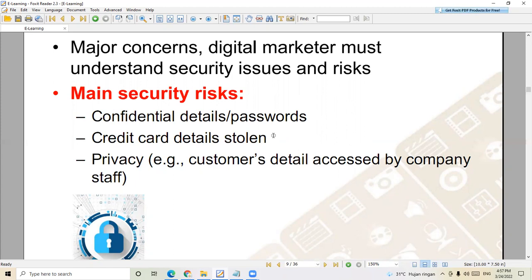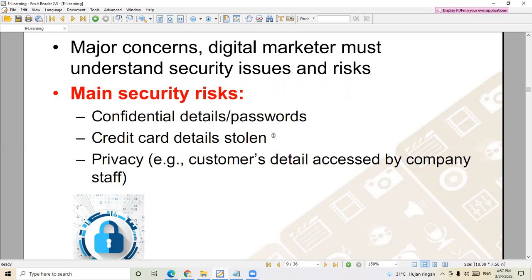as a digital marketer, we are aware of these issues as well, because it surely affects our digital marketing efforts if there are any security incidents happening in our company.